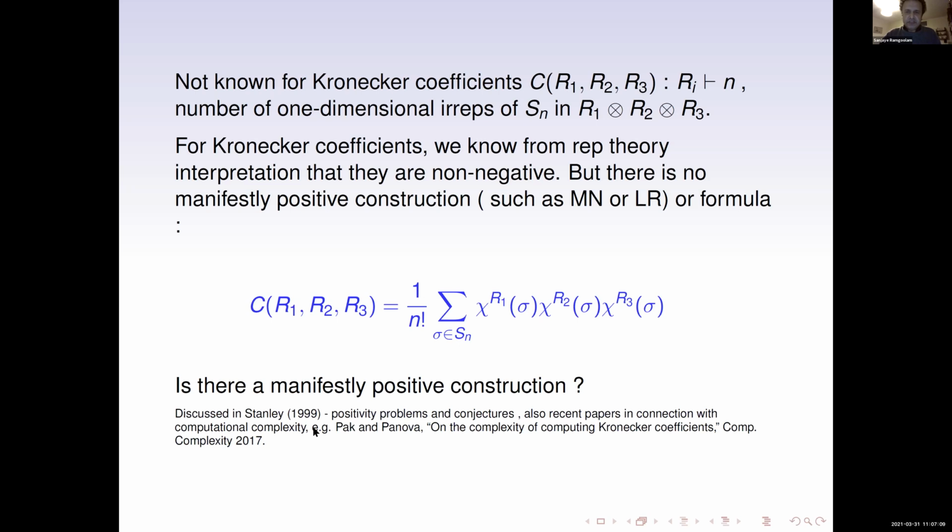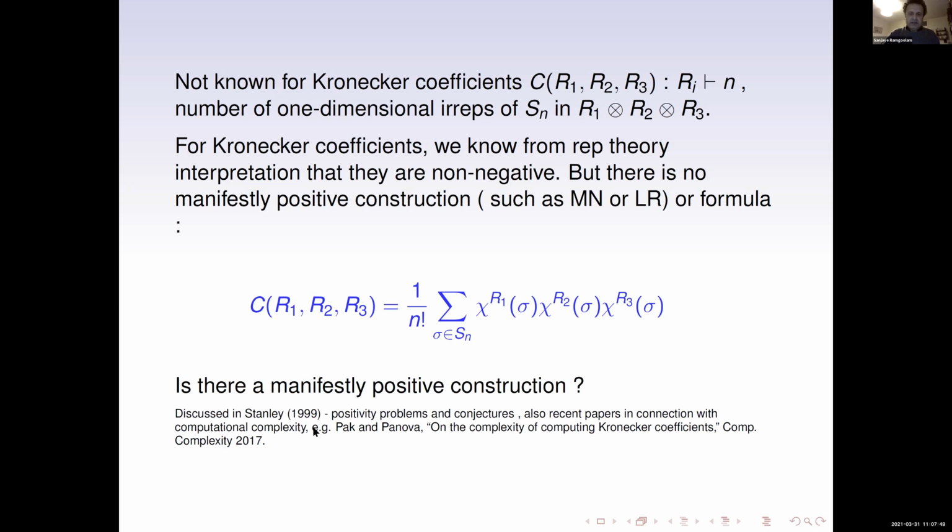I think there are some special results for special kinds of Young diagrams. So we know these numbers are non-negative, but there's no manifest positive construction analogous to the Murnaghan-Nakayama formula for characters or the Littlewood-Richardson rule. Indeed, there are formulae where you're summing large numbers of things. Again, these can be positive or negative. You get them by counting something, but you have a large sum to do, and it's not clear why that sum is going to produce something non-negative.